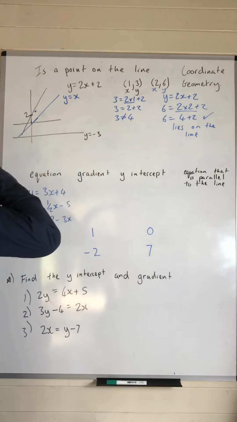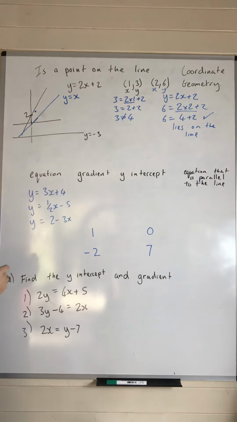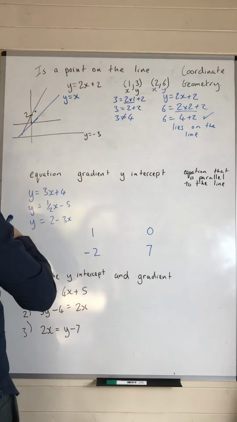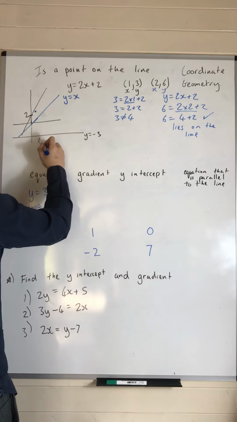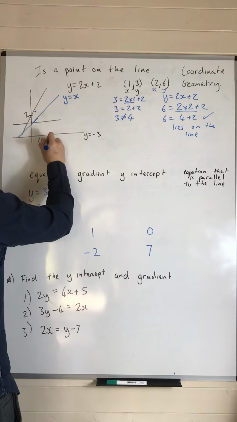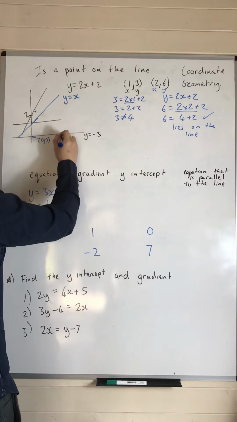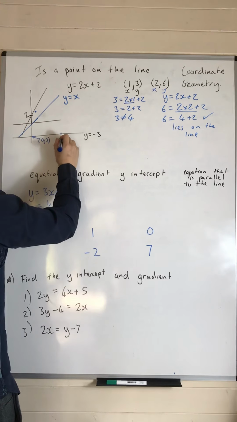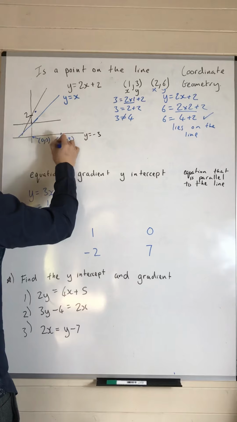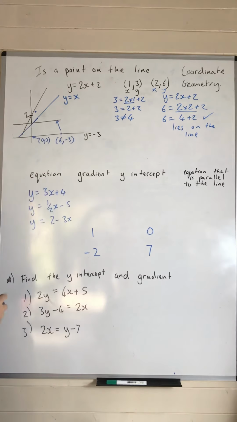Well, what about the equation y equals minus 3? This means every y coordinate of this equation is minus 3. That will be (0, minus 3). If x was 6 here, y would be minus 3, and so forth.